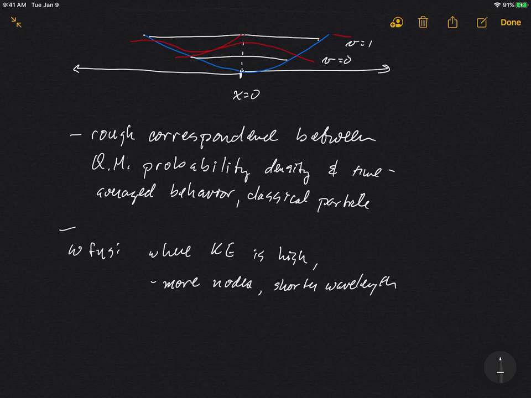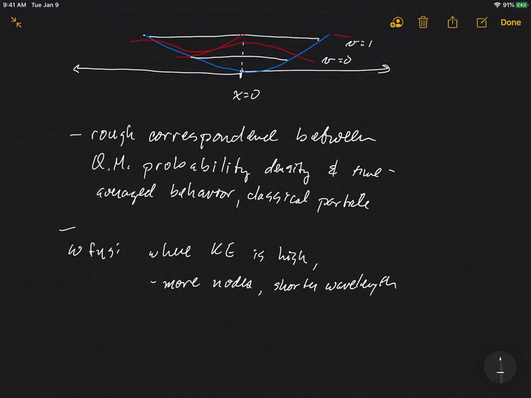So towards the middle, especially as we get to higher quantum numbers where there's more nodes. When you only have one or two nodes, it's kind of hard to see that this trend is not so apparent. But when you get into sort of v equals 6, 10, 20, where you've got enough nodes that you can really start to see a trend, you see that there are more nodes towards the middle where the kinetic energy is high.